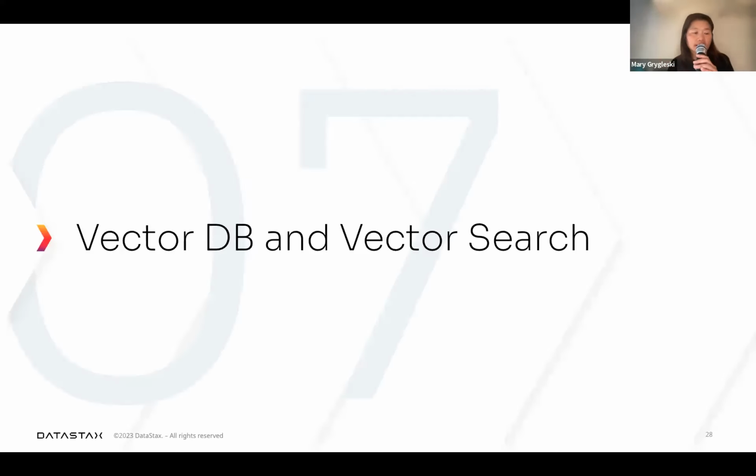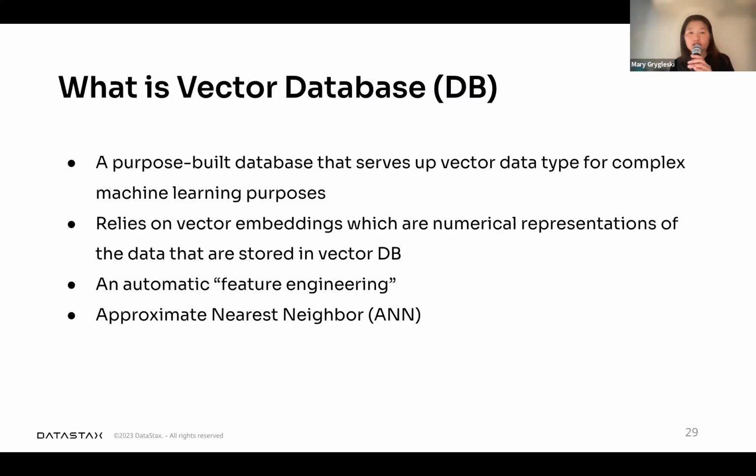Okay, so now I'll get into vector database and vector search. It looks like most folks haven't worked with it yet, so this will be just a high-level introduction. What is a vector database? It's a purpose-built database that serves up the vector data type for complex machine learning purposes, like ChatGPT.